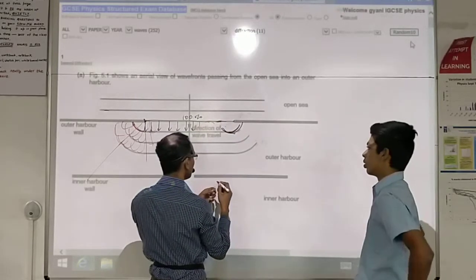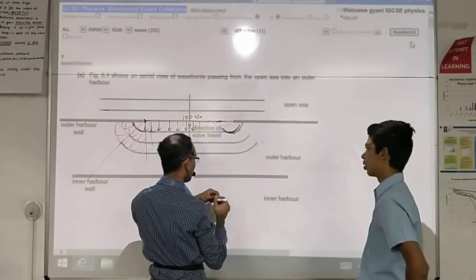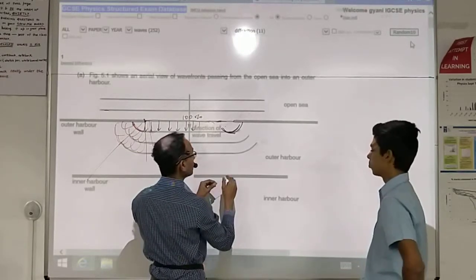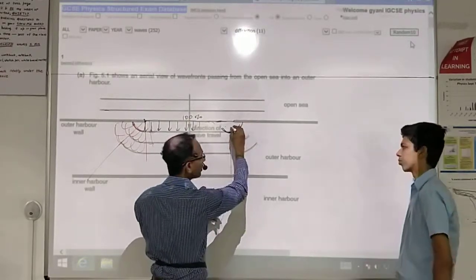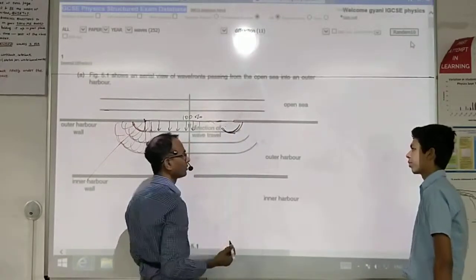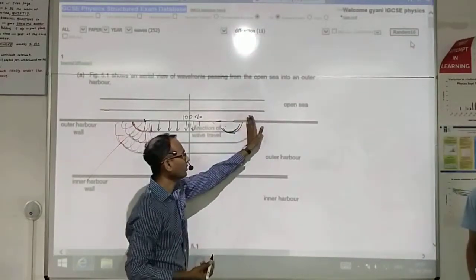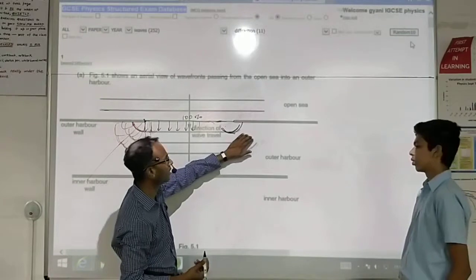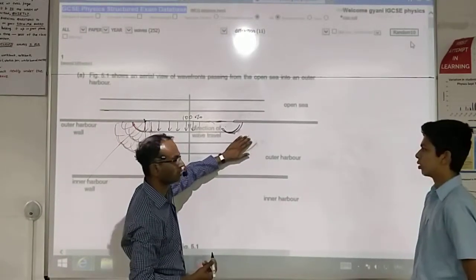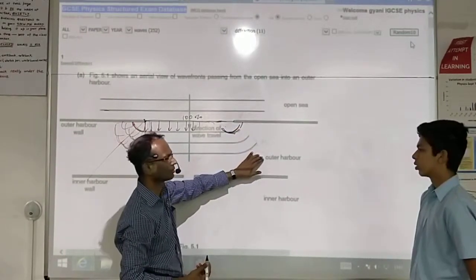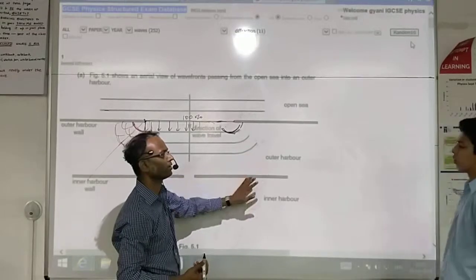So it's getting contribution from all the neighboring points. So the further you go, the weaker the contribution from the main part of the wave. So that's why from this side onwards you see that the energy starts to fall. So you just take a limit till where you can see the energy passing.